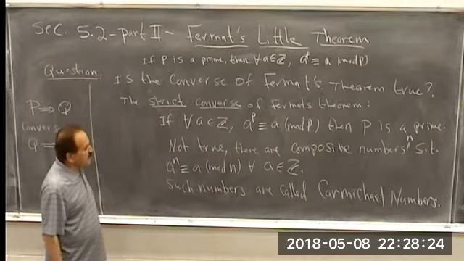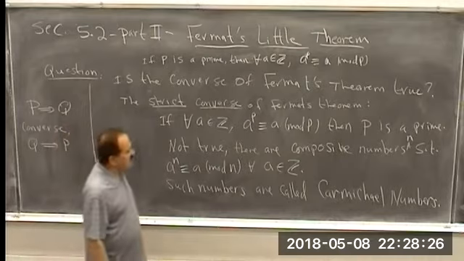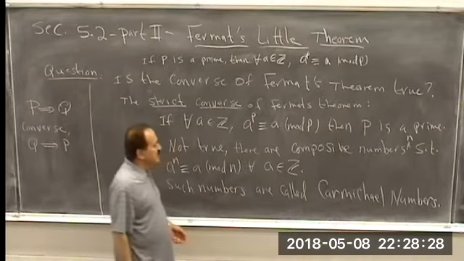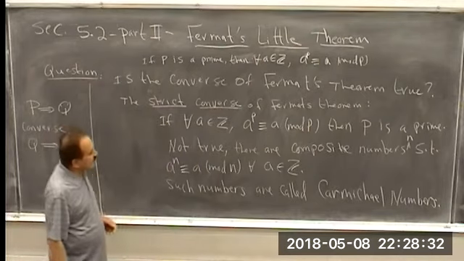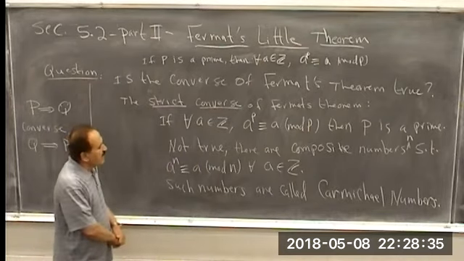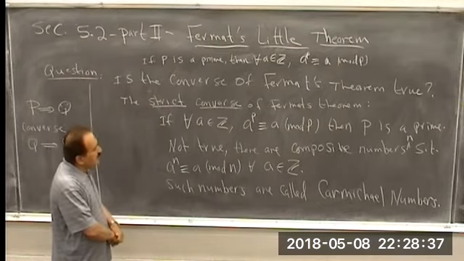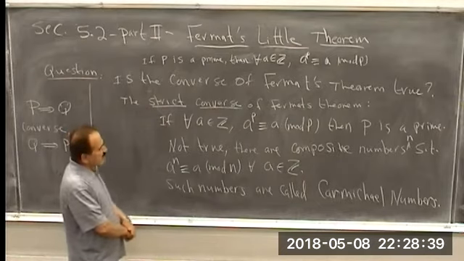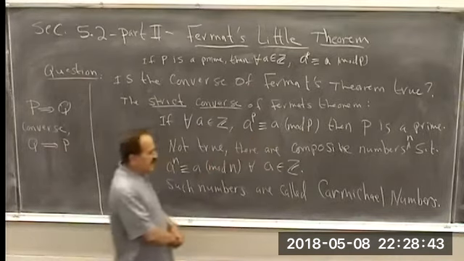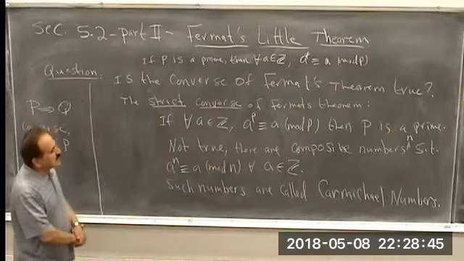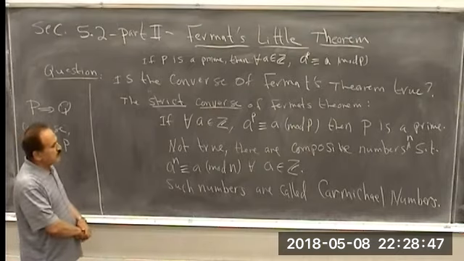The smallest of these happens to be 561, which we're going to see satisfies this congruence relation for every A.